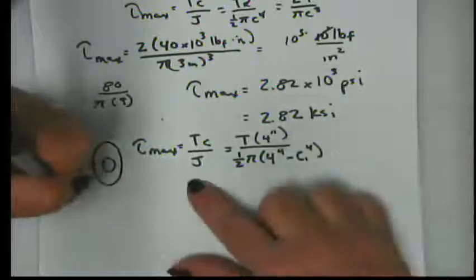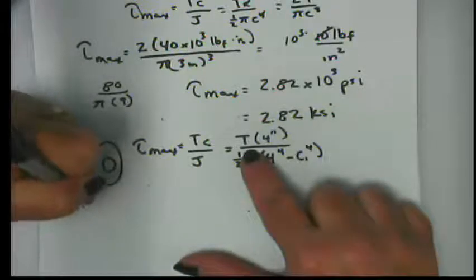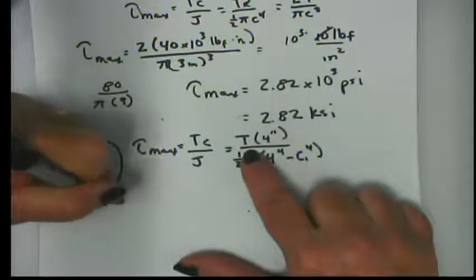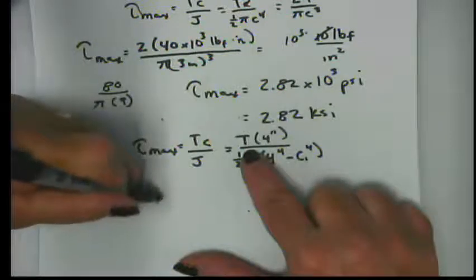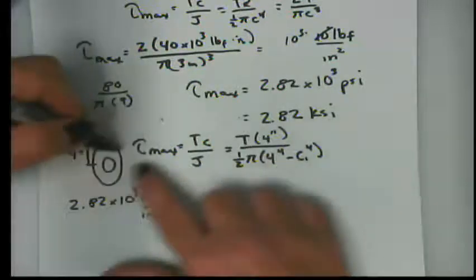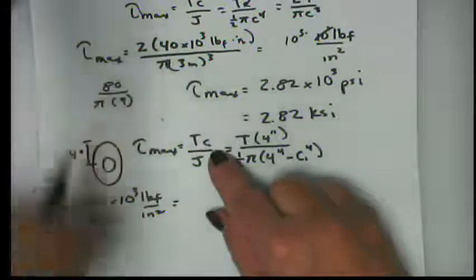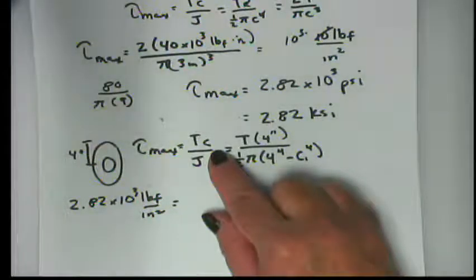So I start over here and plug in my numbers. 2.82 times 10 to the 3rd pounds of force per inch squared is equal to, what does it ask? Determine the inner diameter.